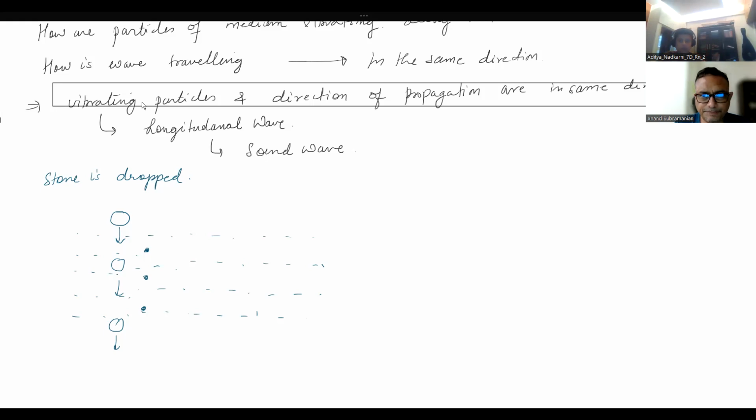Tell me, guys. They'll vibrate like in circles around the stone. So it vibrates up and down, and the up and down motion will cause the ripple to form, isn't it?